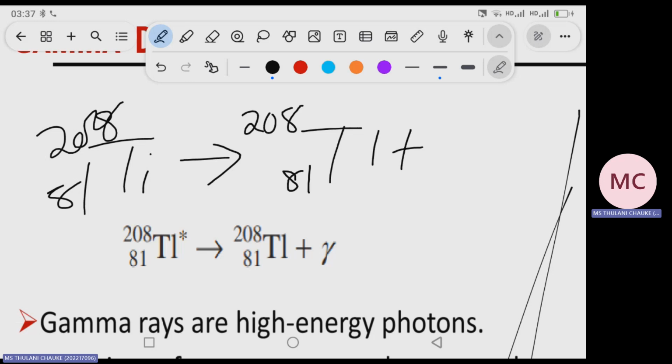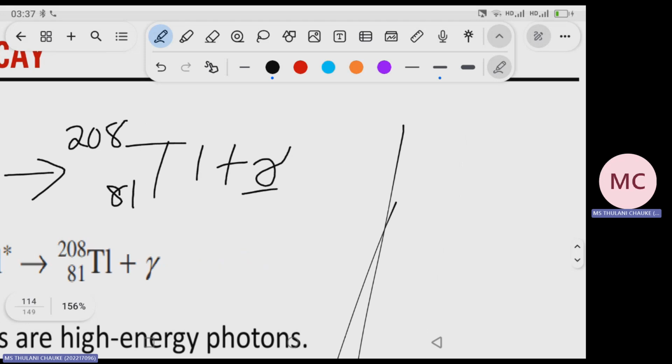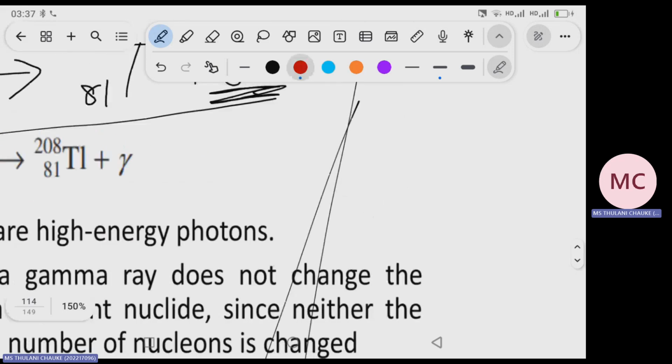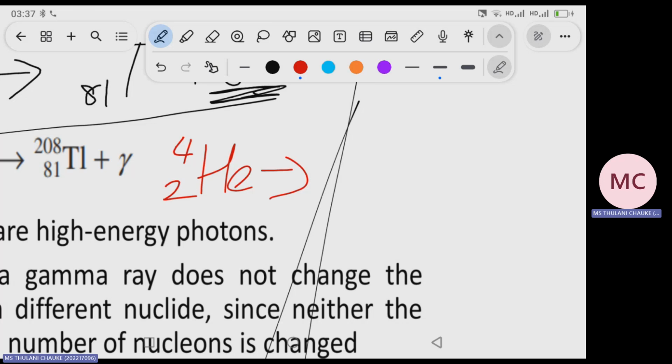Nothing is emitted here, or the only thing that will be emitted is the gamma particle. So it will always be like this. If it was helium, helium has the mass number 4 and proton number 2, and it undergoes gamma decay, it will just be He 4 2, just add gamma.